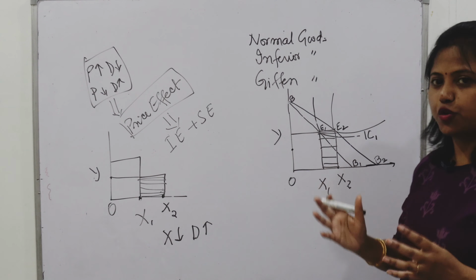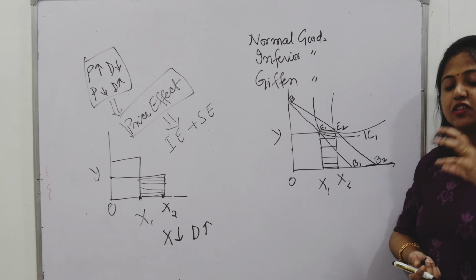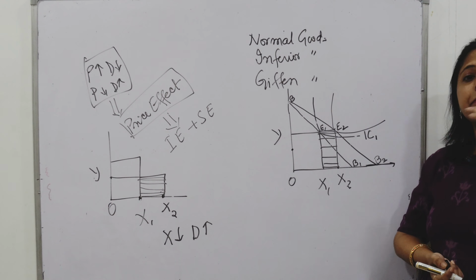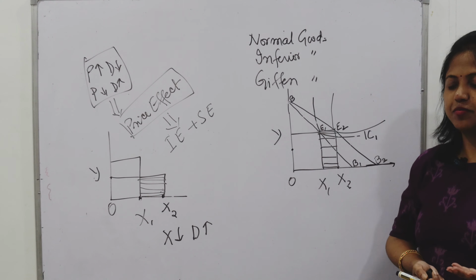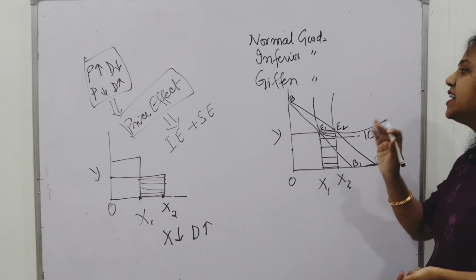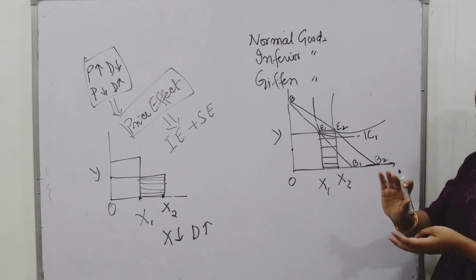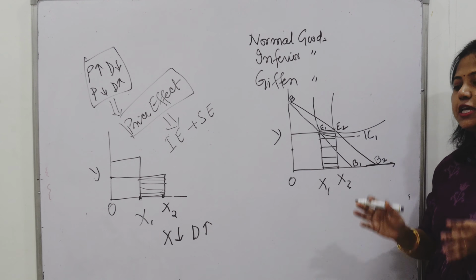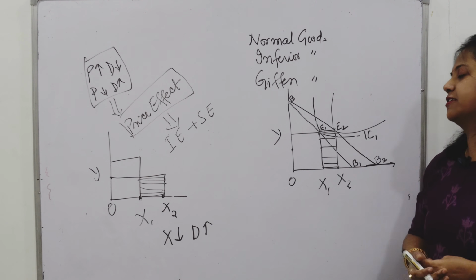I can purchase more of X, and when I can purchase more of X, my real income has increased. Now, Hicks says let's not increase the purchasing power, and let's keep the purchasing power constant.